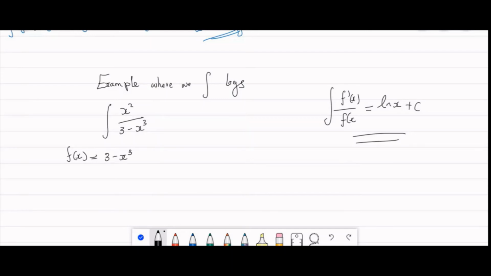So our f prime of x will be equal to negative 3x squared. So now that means we can say an integral of negative 3x squared over 3 minus x cubed.